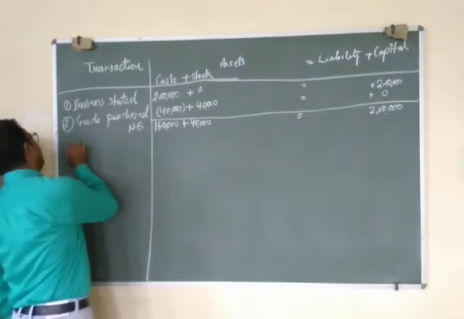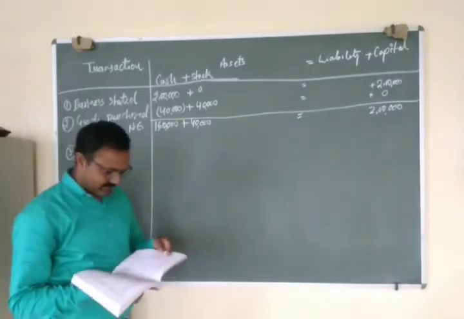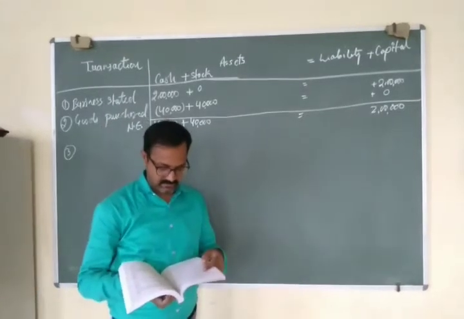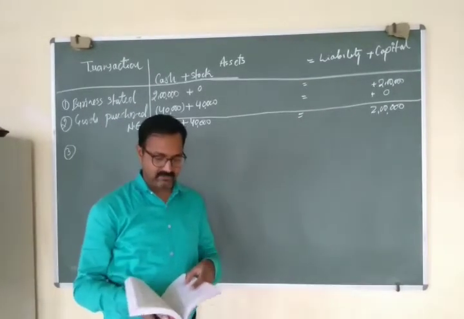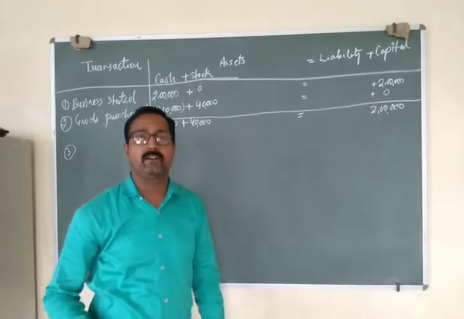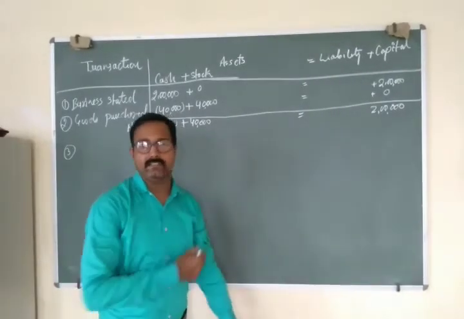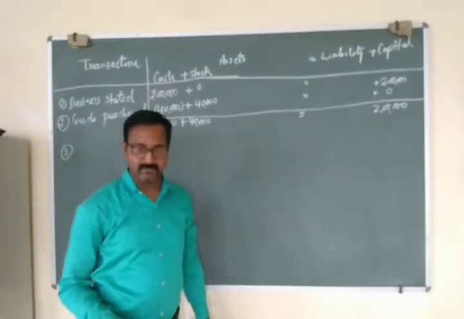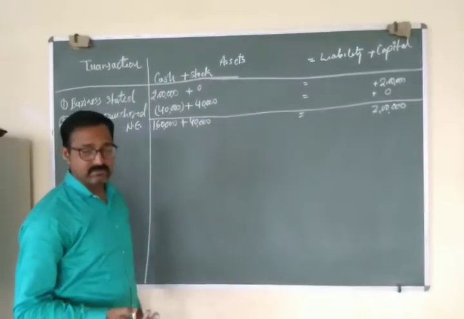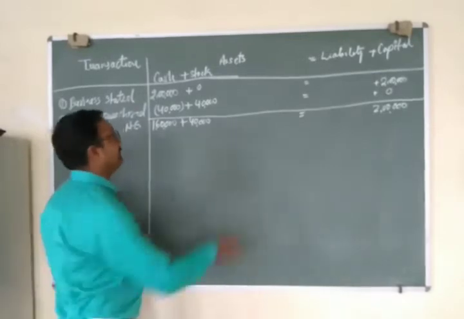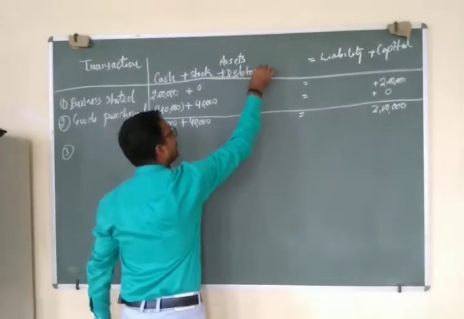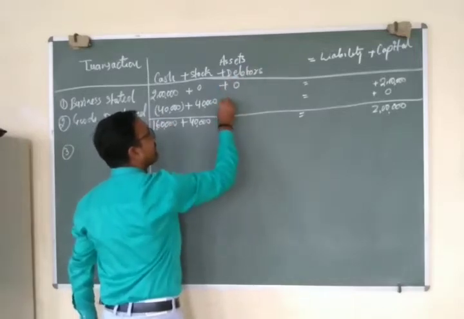So next, third transaction. In this question, we have: sold goods to Bhanu costing rupees 10,000, and we have sold it for 12,000. So we have sold goods to Mr. Bhanu, it means it's a credit transaction. Credit transactions will help us to increase debtors, because when you sell goods to someone on credit, it will increase debtors. So here we have increased one debtor.